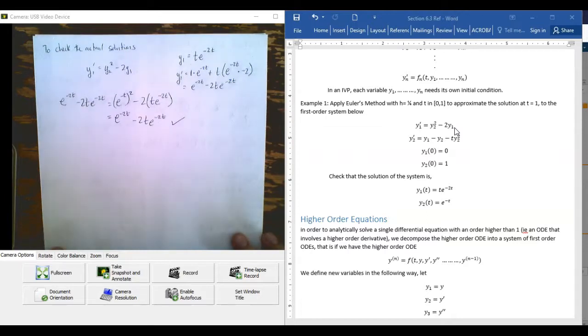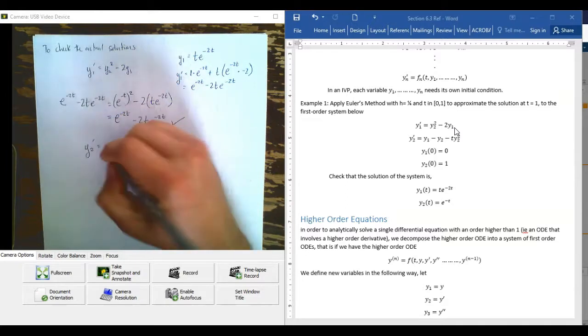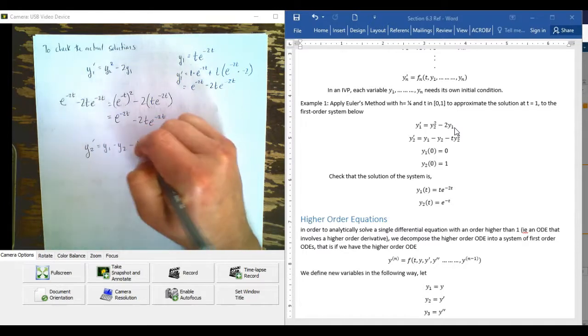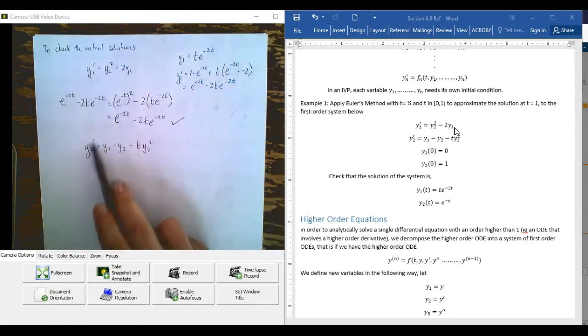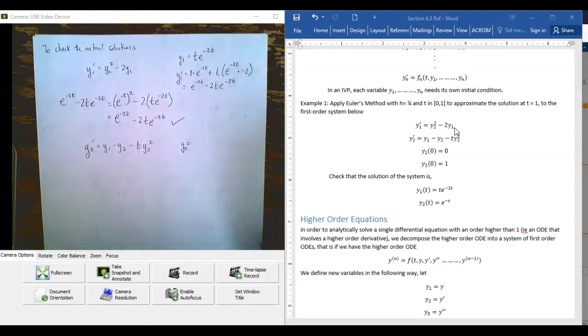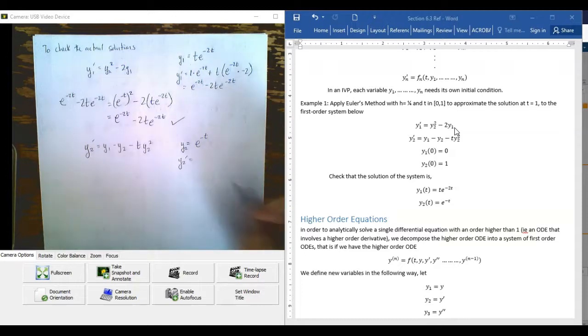We also need to check y2, right? Y prime 2, we need to check this is also true. So in this case, we need to find y2 prime. y2 is given as e to the negative t. So y2 prime is simply negative e to the negative t, utilizing chain rule.